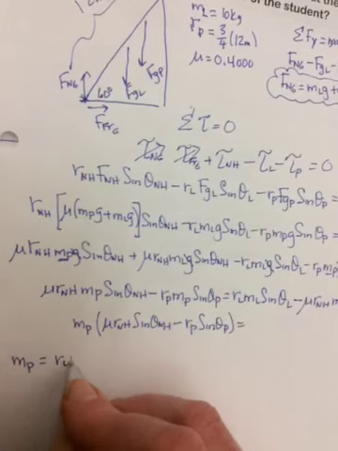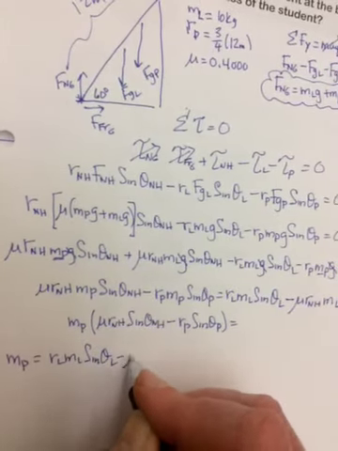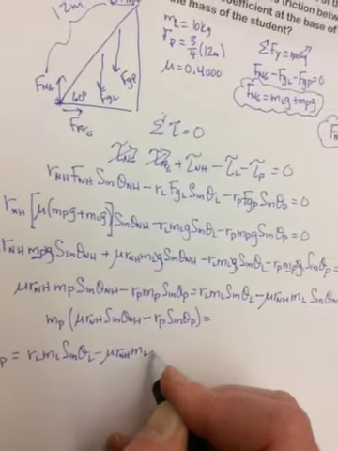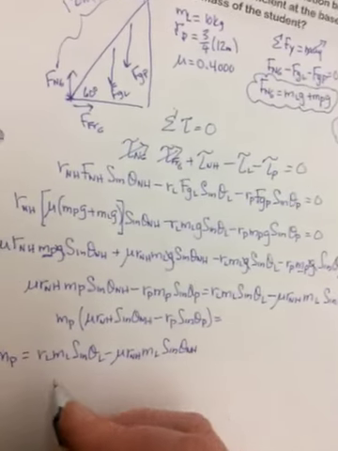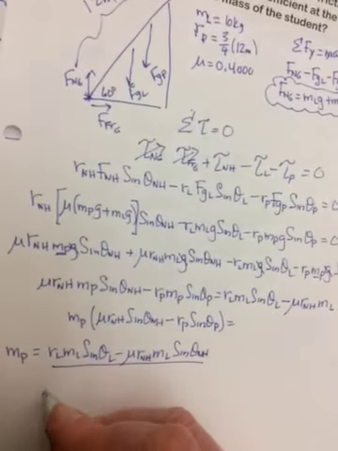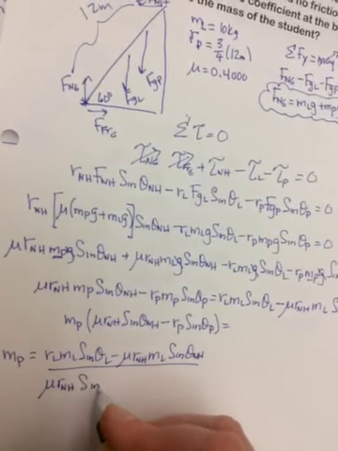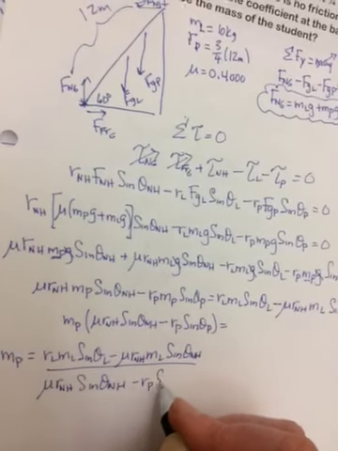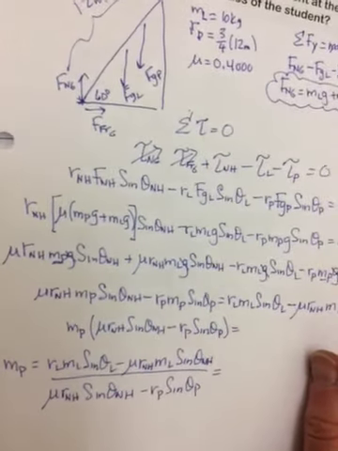So R ladder, m ladder, sine theta ladder, minus mu R normal of the house, m ladder, sine theta normal of the house, divided by mu R normal of the house, sine theta normal of the house, minus R of the person, sine theta of the person. Now isn't that fun? Now you got to get the right things in the right spot.